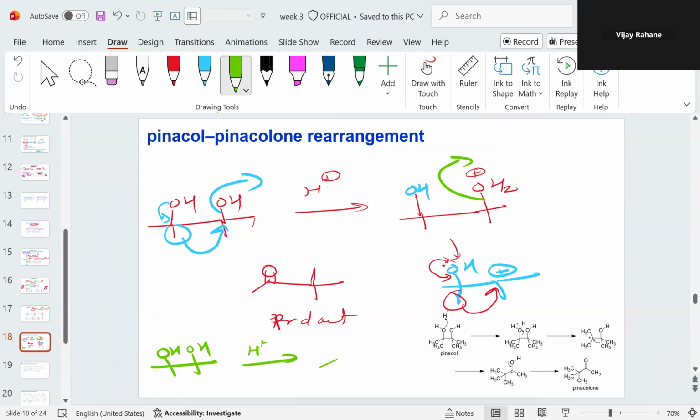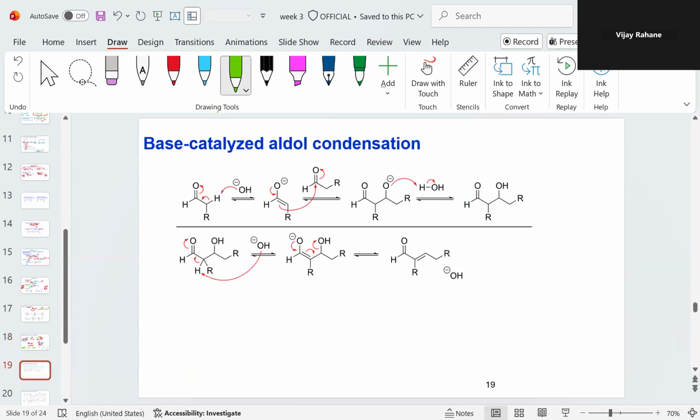The product is like this. So this is the pinacol rearrangement reaction. It occurs in the presence of acid.